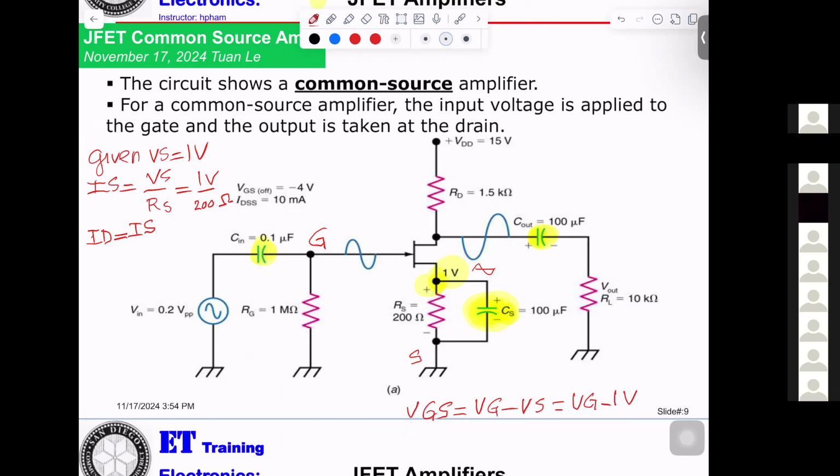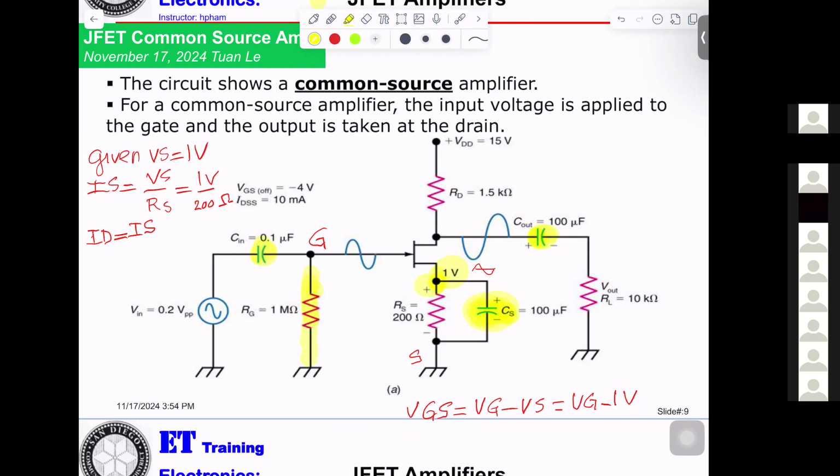Yeah, but my question is, Mr. Pham, if you look at the circuit, what happens to the AC signal if you take the 1 meg ohm out? If you take the 1 mega ohm out, basically they short that one to ground. Right.